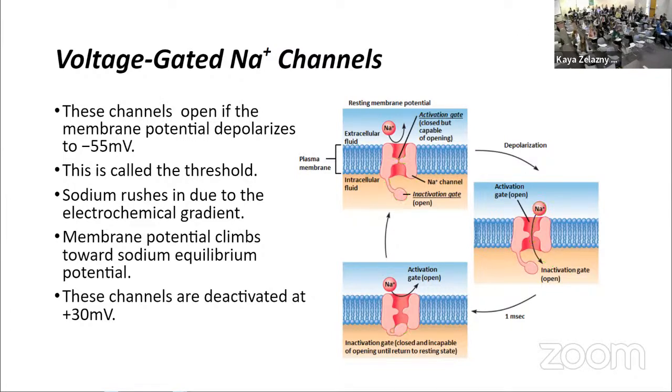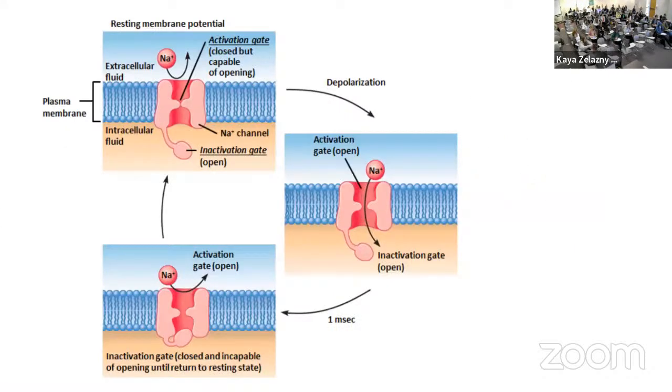For our voltage-gated sodium channels, what they are responding to initially is that change to threshold. If we have graded potentials that sum together and get us to negative 55 millivolts, we have a conformational change, a shape change, in that sodium channel. We have the same picture, even bigger.